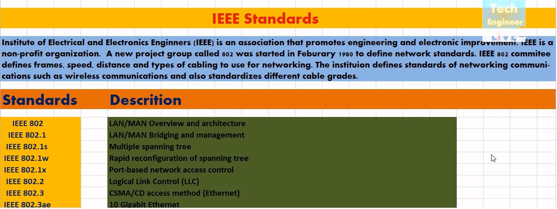IEEE, the Institute of Electrical and Electronics Engineers, is an association that promotes engineering and electronic improvement. It's a committee of electrical and electronics engineers. They sit together and work on standardization.